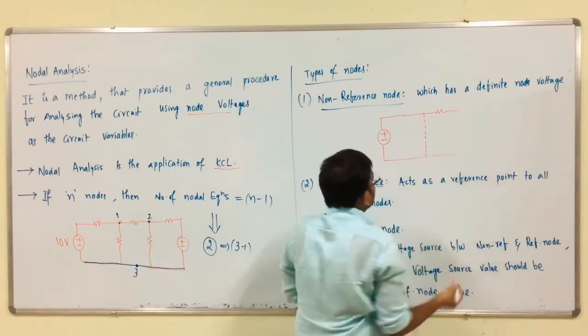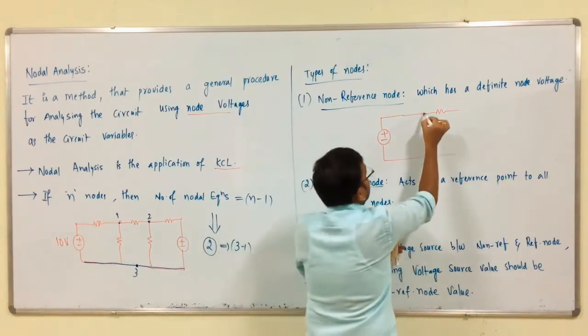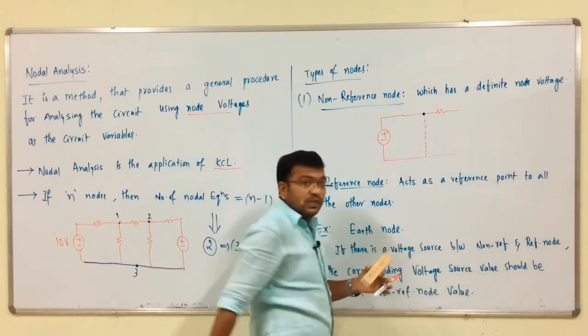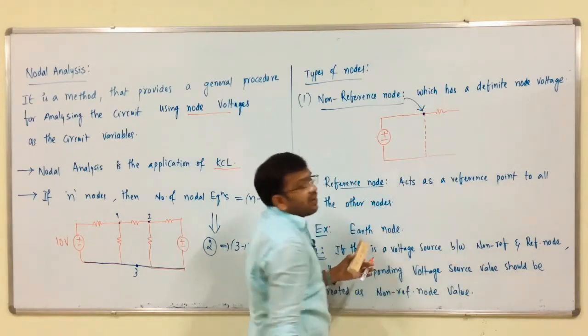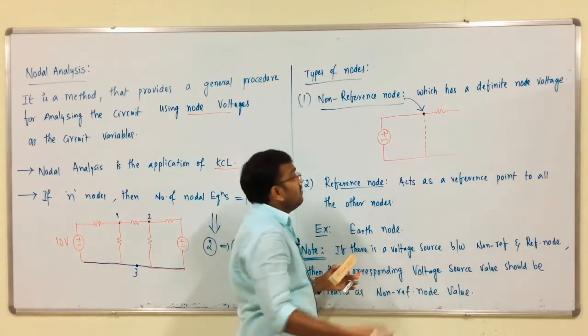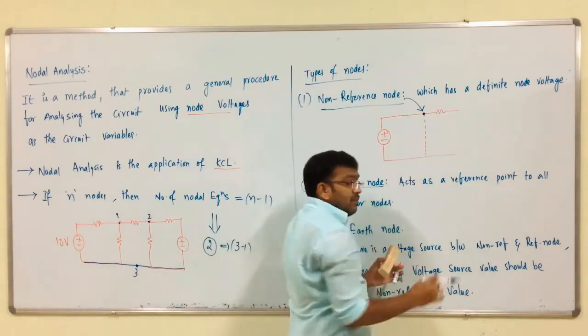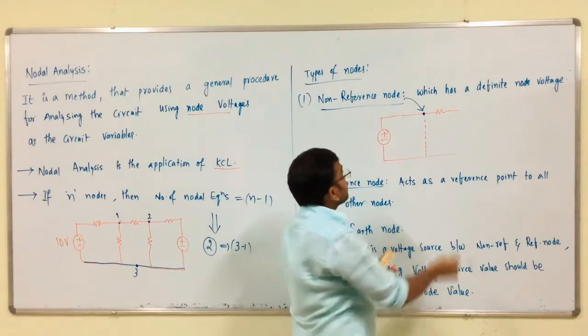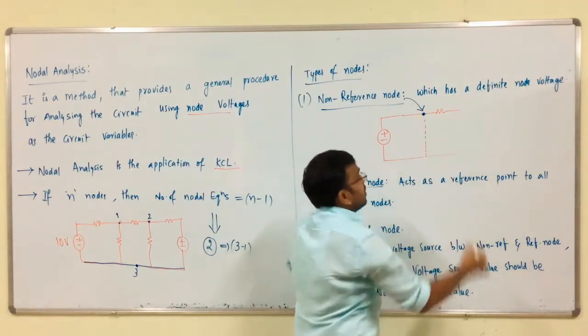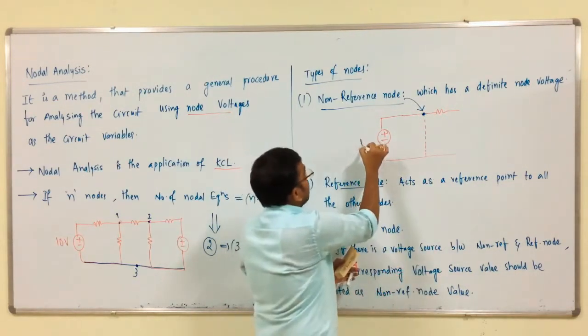This is one branch, for example, and this is one node, which is the non-reference node, having some definite value of the voltage. Okay? This is a non-reference node, for example 10 volts.